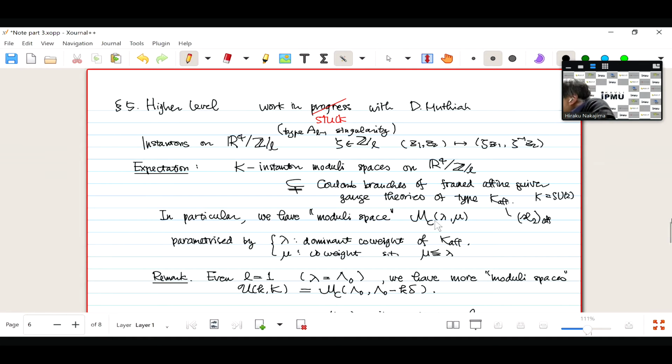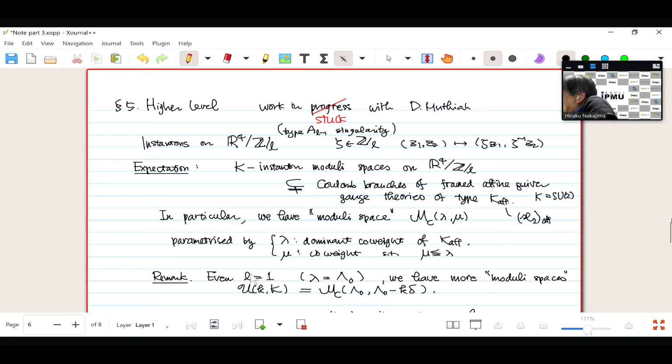So lambda and mu are the dominant coweights of the affine Lie algebra, and mu is a coweight which is smaller than or equal to lambda in dominance. And even for the level 1 case, this inclusion is strict.